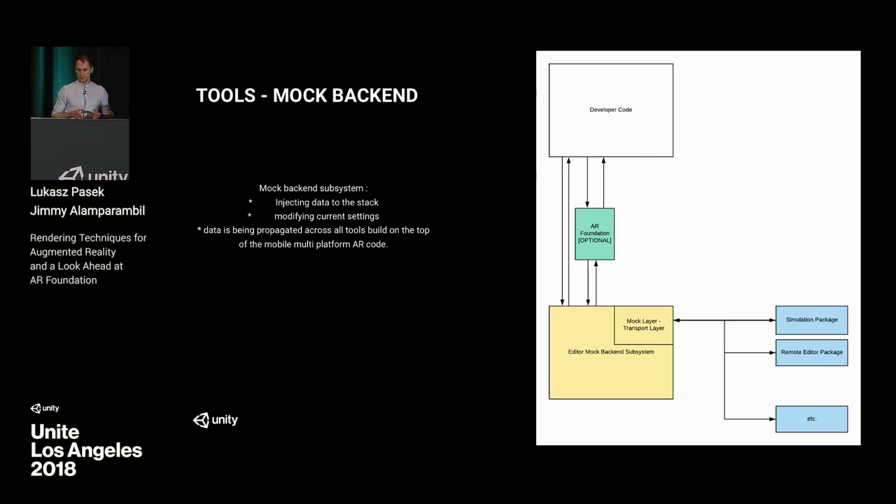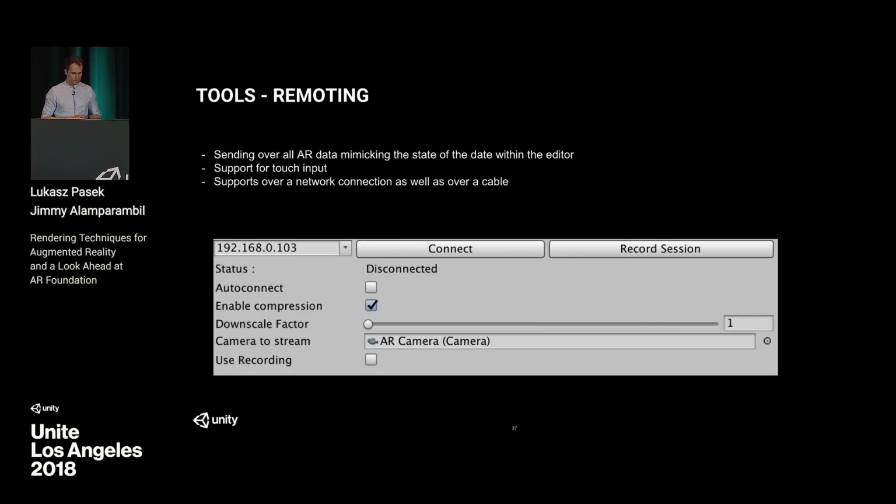For tools developers, you can create tools on top of that mock backend, and you can be sure that if you base your tools on top of AR Foundation, all of that functionality works out of the box for your workflow. Let's start with the first tool built on top of that, which is remoting.